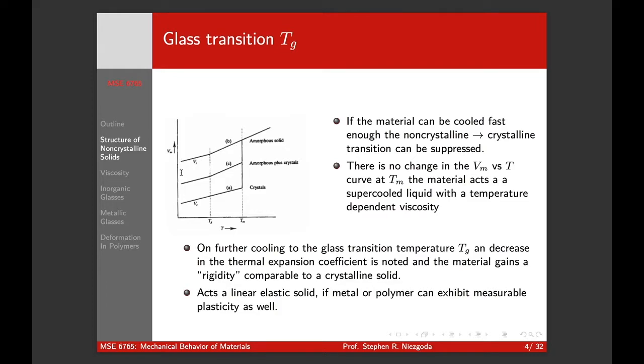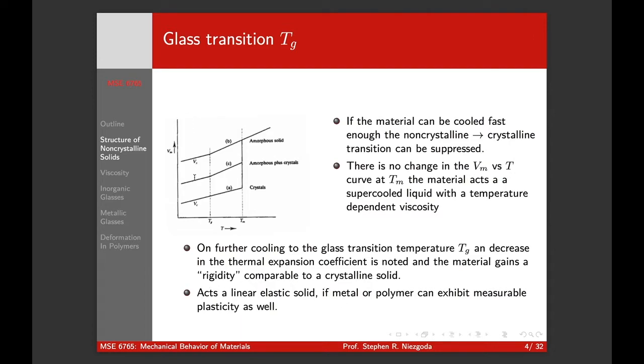If we're below this glass transition temperature, the material is going to behave like a rigid solid or a linear elastic solid. Above it, it's going to act as a viscous material between the glass transition temperature and the melting temperature, and above the melting temperature, it's going to act like a liquid.